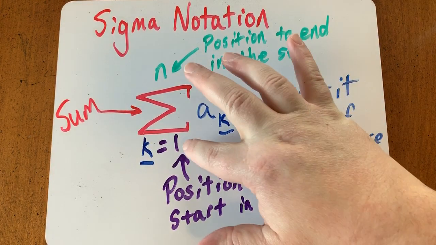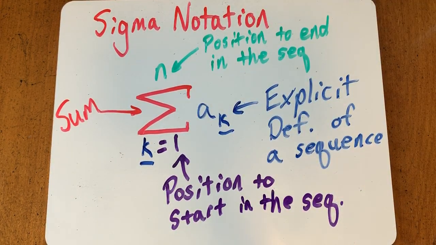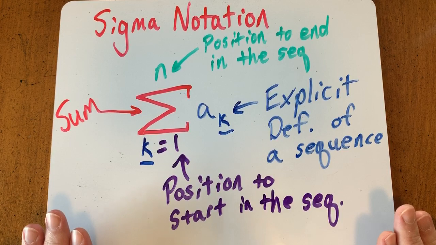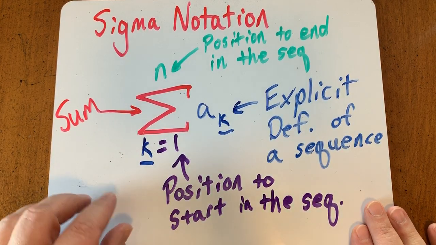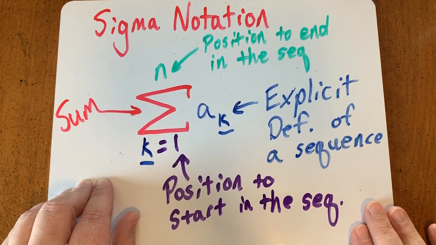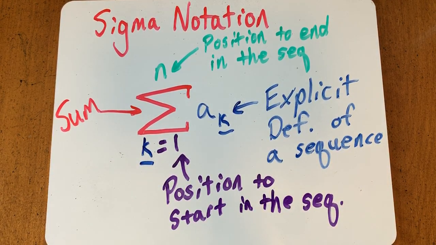But if we had from 5 to 10, you'd be adding up those 6 terms, 5, 6, 7, 8, 9, and 10, in that sequence: A sub 5, A sub 6, A sub 7, A sub 8, A sub 9, and A sub 10. So that's sigma notation. This is used frequently anytime there's sums. Understanding this notation is very critical for calculus next year.